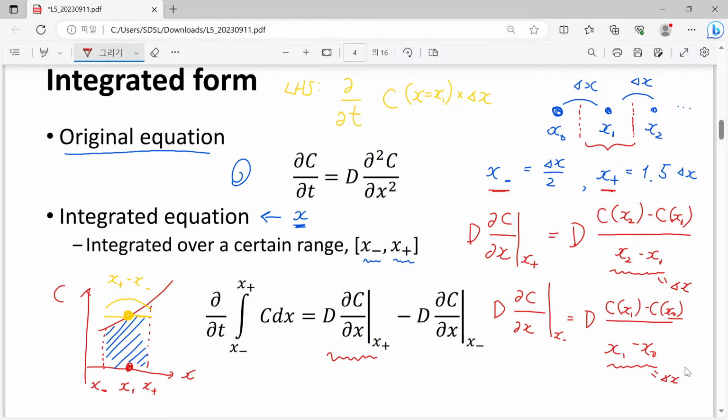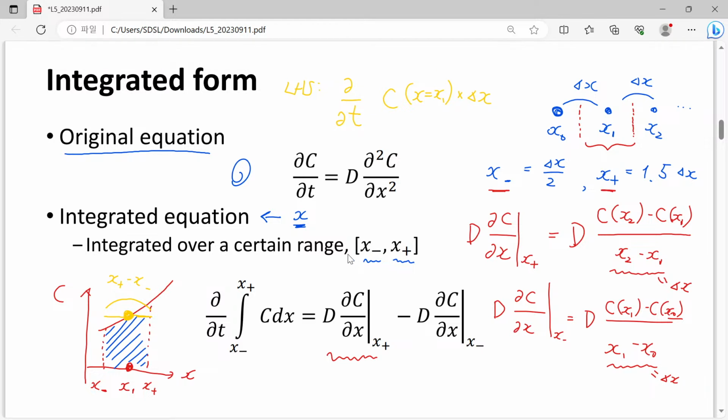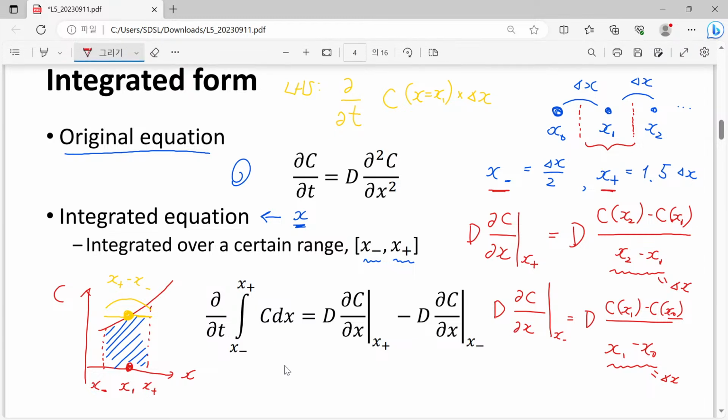Then let me collect them all. When you collect them all, the right hand side can be written as d times over delta x, times c at x2 minus 2 times c at x1 plus c at x naught.